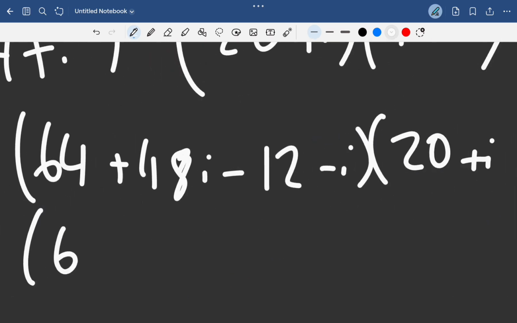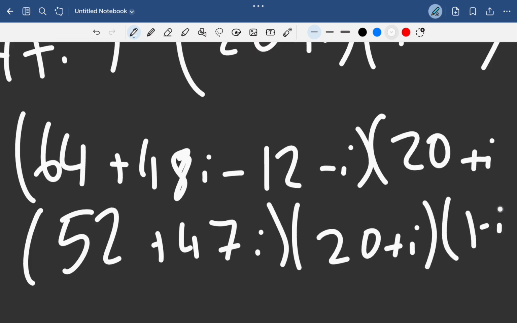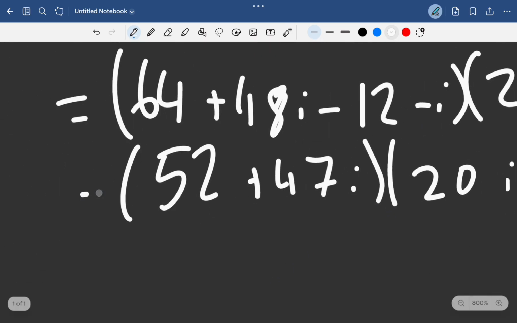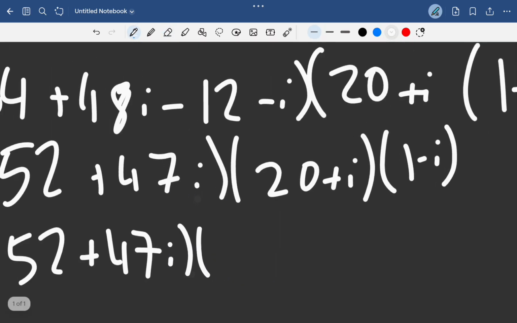So this is 52 plus 47I times 20 plus I times 1 minus I. Then I'm going to multiply the bracket on the right.